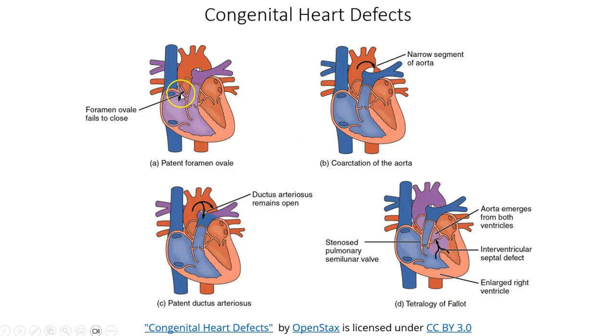So there is an opening up here, a foramen ovale that fails to close. So this is an opening in between these two upper chambers of the heart that are not functioning quite as well as they should be. So this foramen ovale can generally be pretty minor.